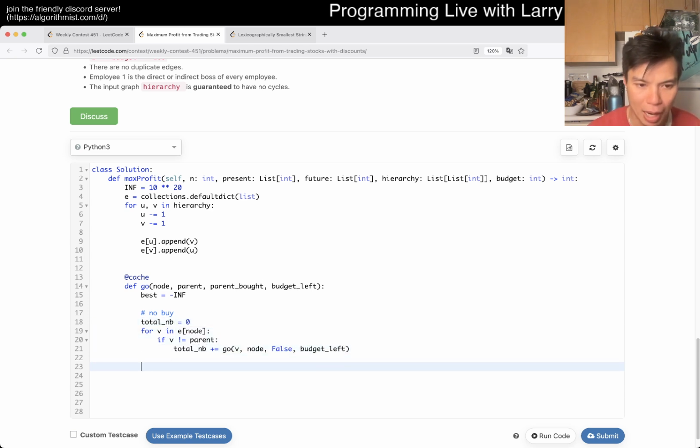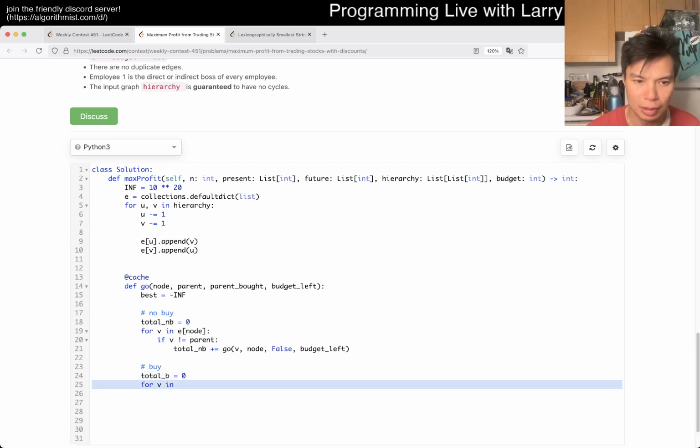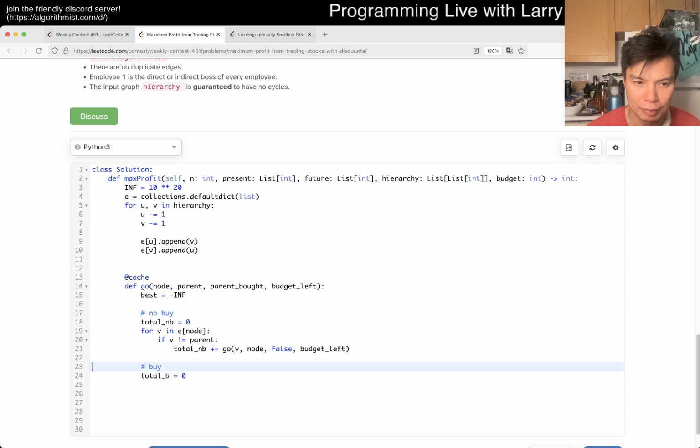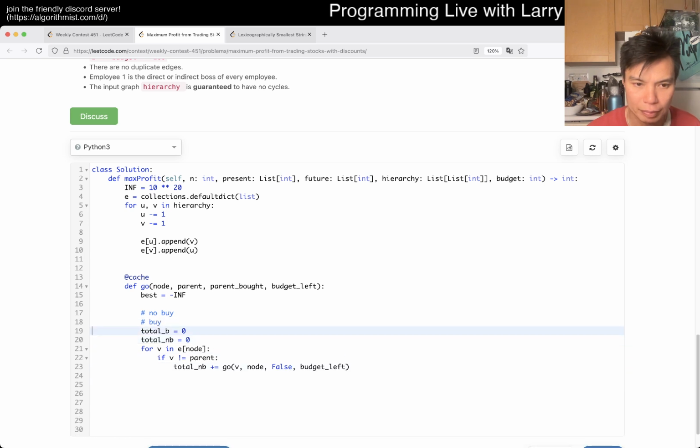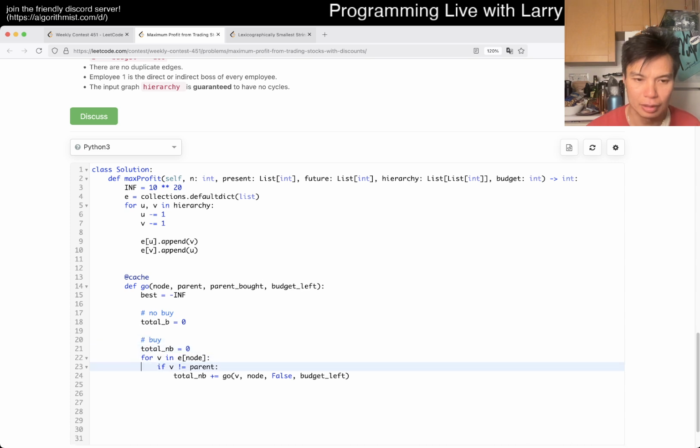And then buy, it's going to be, let's see. Maybe I could have rolled it up. I don't know. Okay, so then buy, what does buy look like?